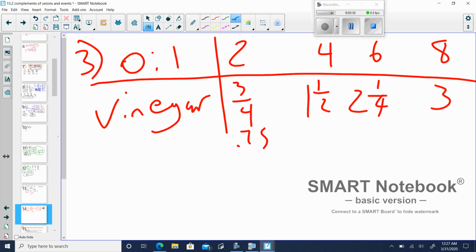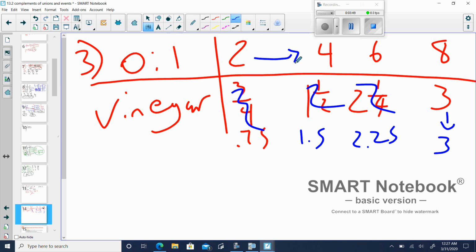I'm going to go ahead and do decimal conversions. Right, so 1.5, 1.5, 2.25. I'm going to drop that. So the reason why I do this is it just makes it easier for me to see if things look like they're changing at a constant rate. Right, so from 2 to 4, I'm adding 2.